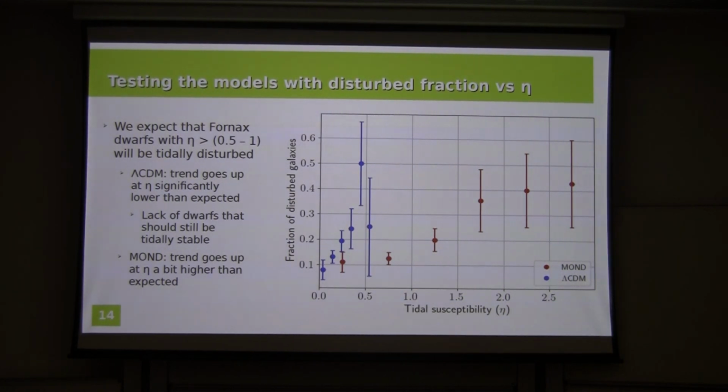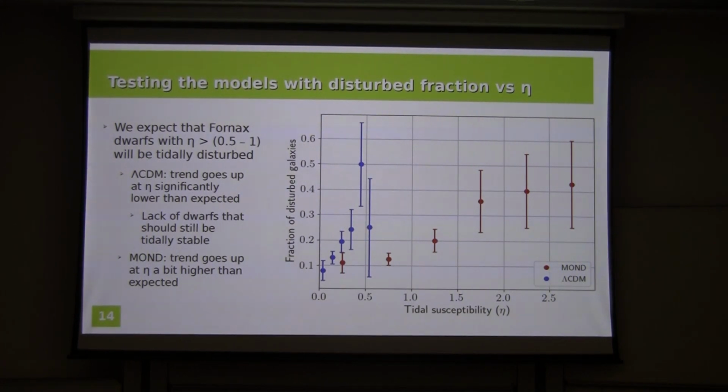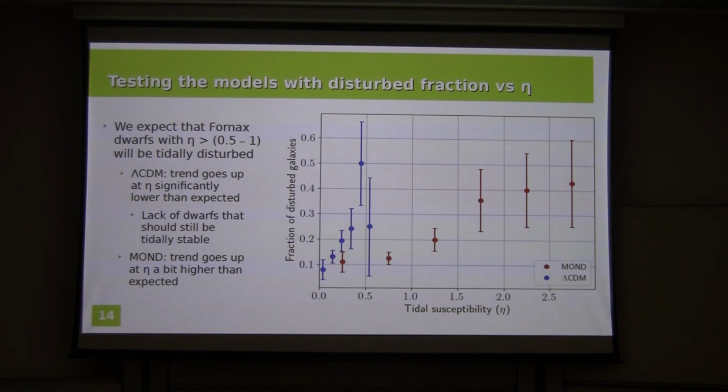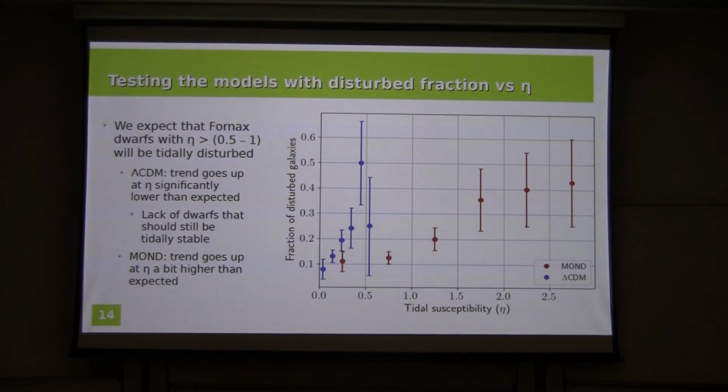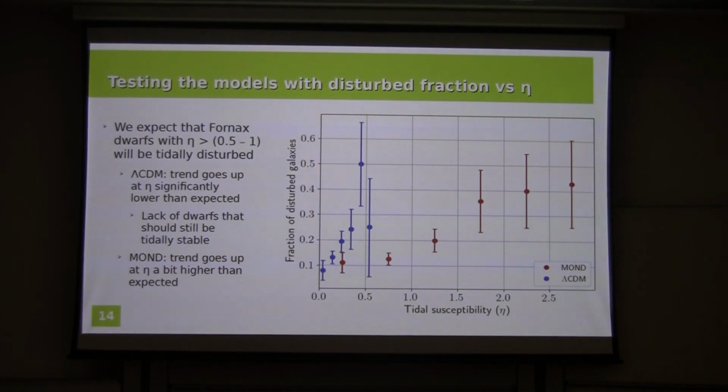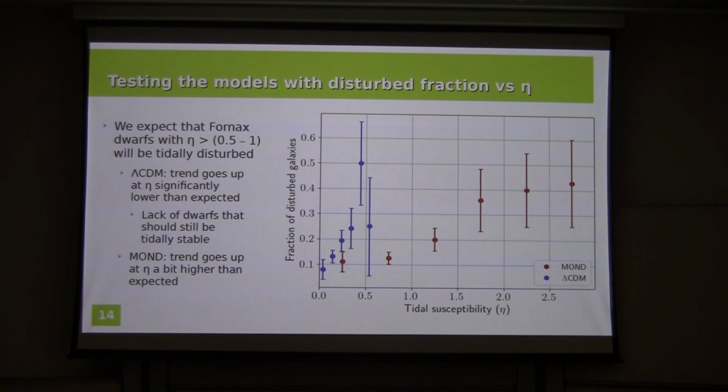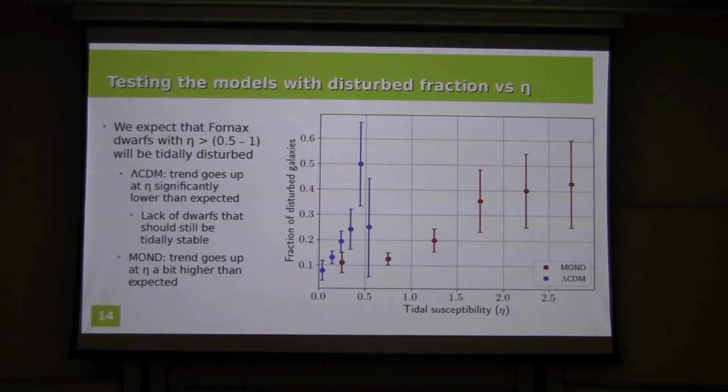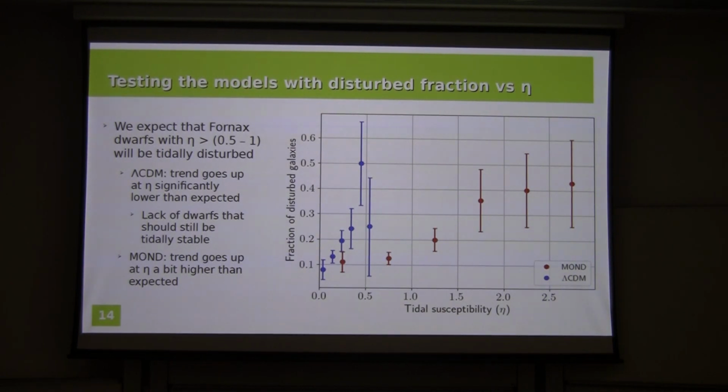As you might be able to see in this graph over here, it does seem that the higher the tidal susceptibility calculated for the dwarf, the higher the probability that this dwarf is going to be classified as disturbed in the catalog. You might also be able to see that the trend goes up at values significantly higher in MOND than in lambda CDM.